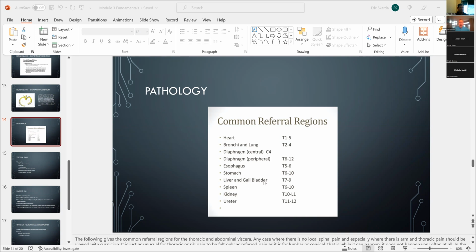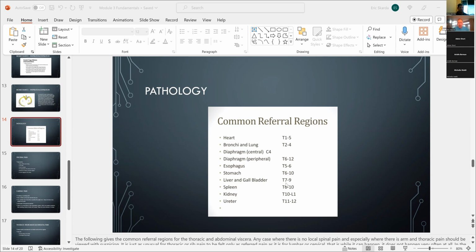The other one that I want to touch on is most of the stuff in the upper quadrants of the abdomen. The liver, the gallbladder, and the spleen especially have their own particular reference areas, anywhere from about T6 to T10, depending on which text you may be reading. This will tend to be referred on the same side as the organ.